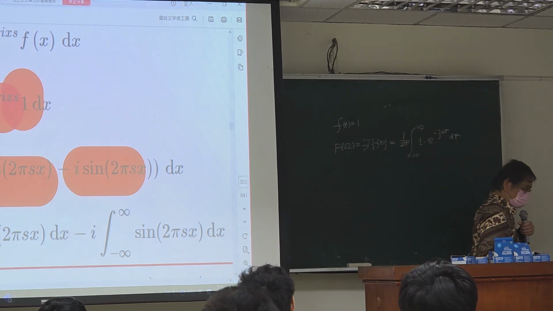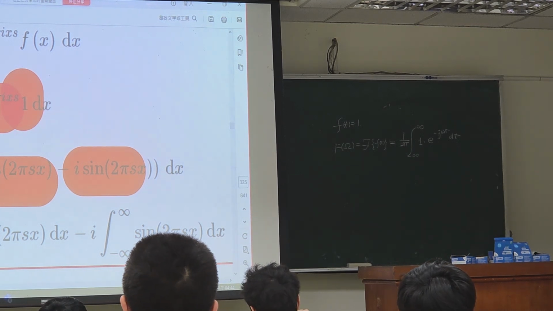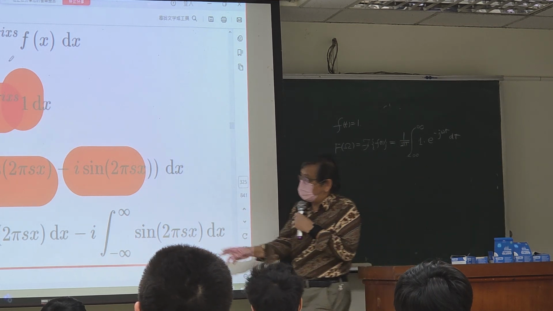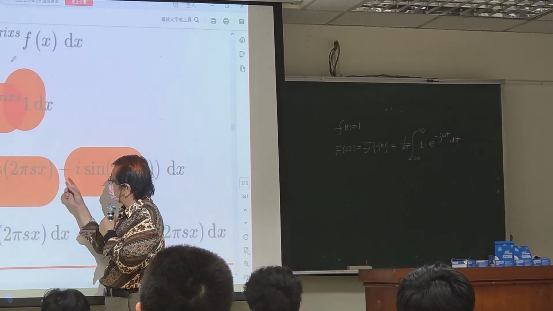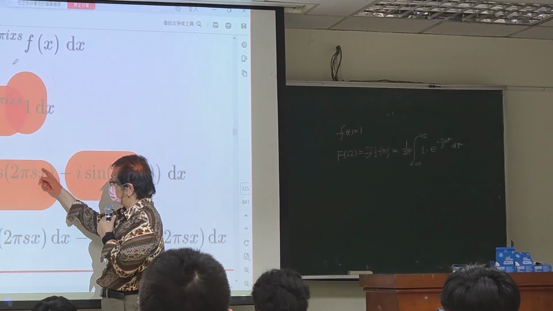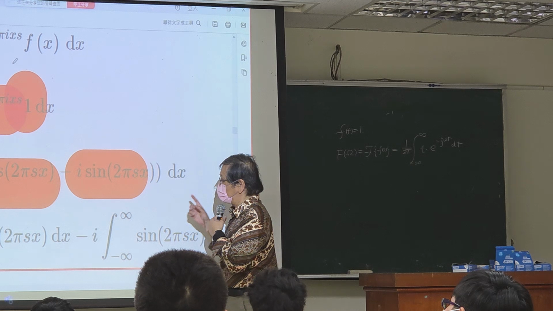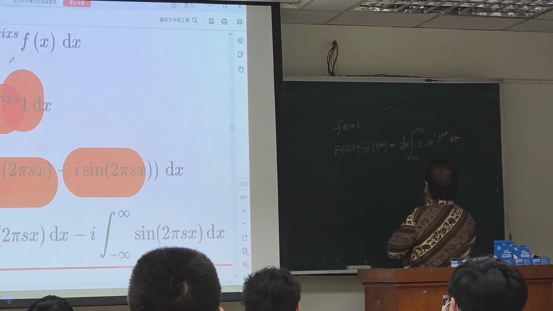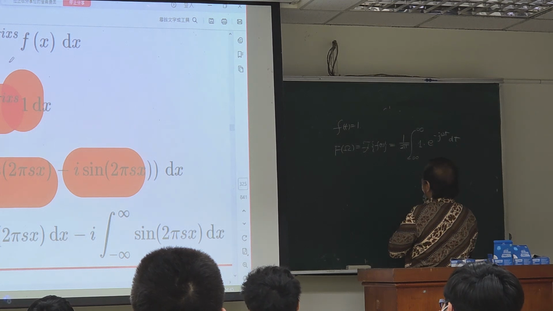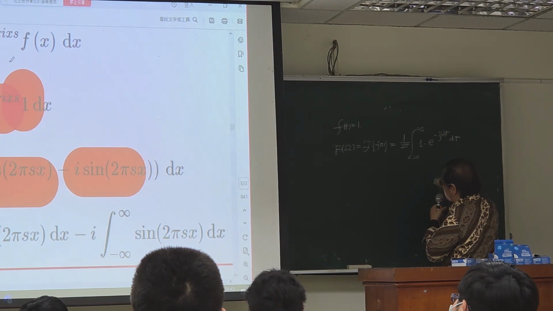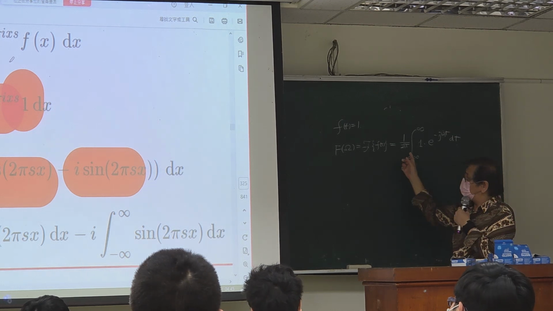Let's just do the definition here. Now, since you use 2 pi, this makes x become the frequency in terms of hertz. So that's why there's no 2 pi. But here we use radian per second, so we have 1/2 pi in front.